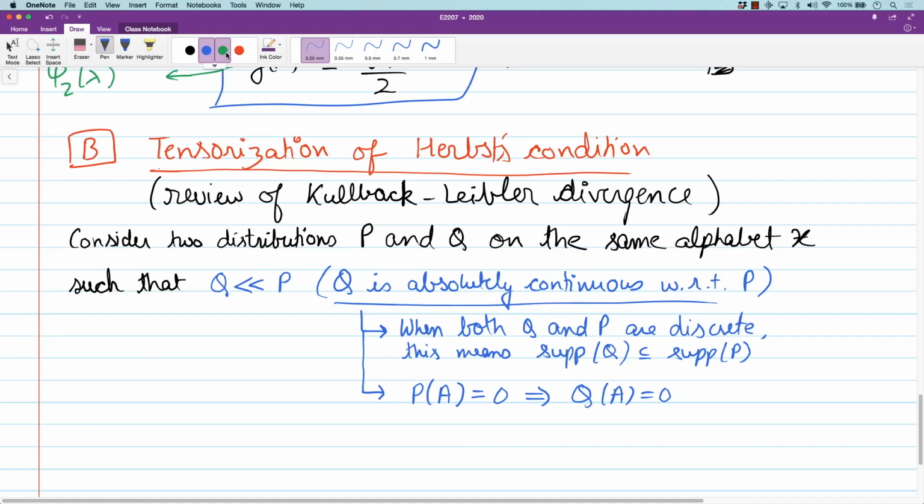But why does this enter? The reason it enters is for the following result. This is a quick review of something from probability theory.